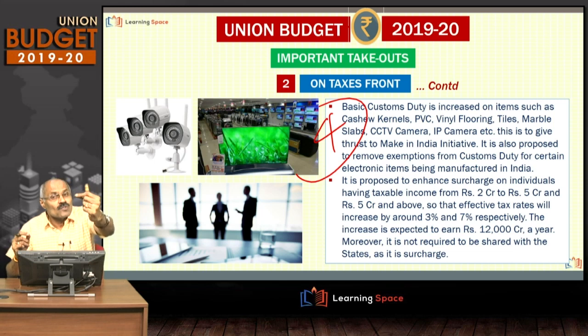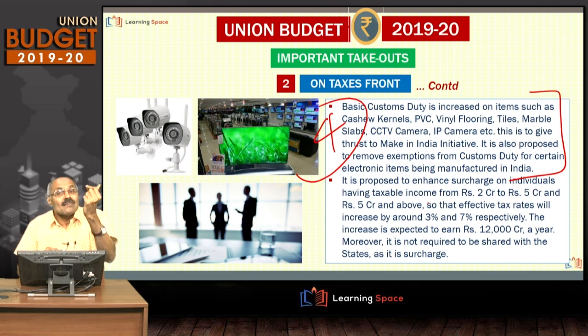So therefore, if you see from these perspectives, there are opponents and proponents. As far as increase in basic customs duty is concerned, friends, it is basically to give thrust to Make in India initiative.